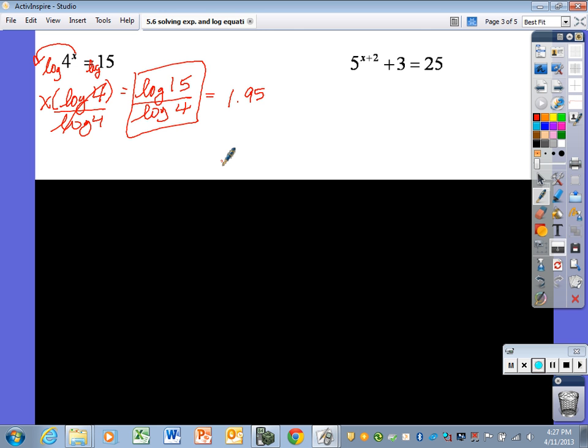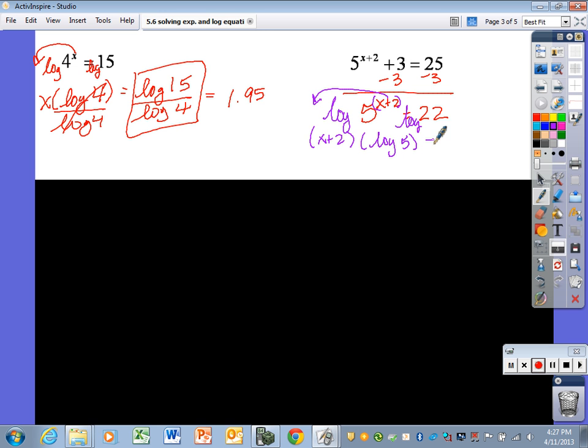For the next one, what should I do? Subtract 3. 5 to the x plus 2 equals 22. Can I ever get 5 and 22 to be the same base? No, so I have to log both sides. My exponent goes to the front. X plus 2 times log 5 equals log 22.